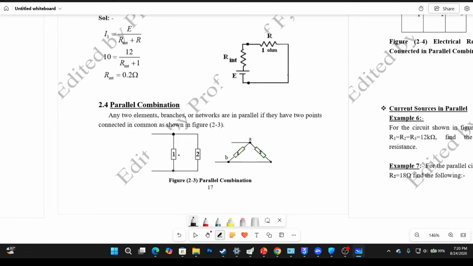To know that resistors are connected in parallel, you could see that across this loop, there is no other component, but only two resistors.